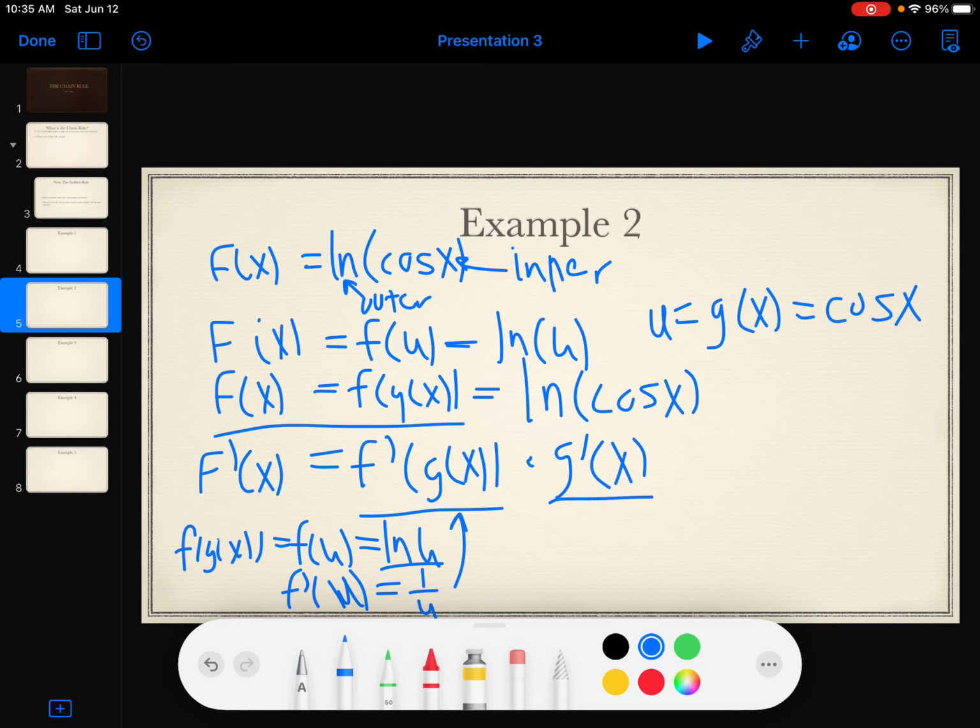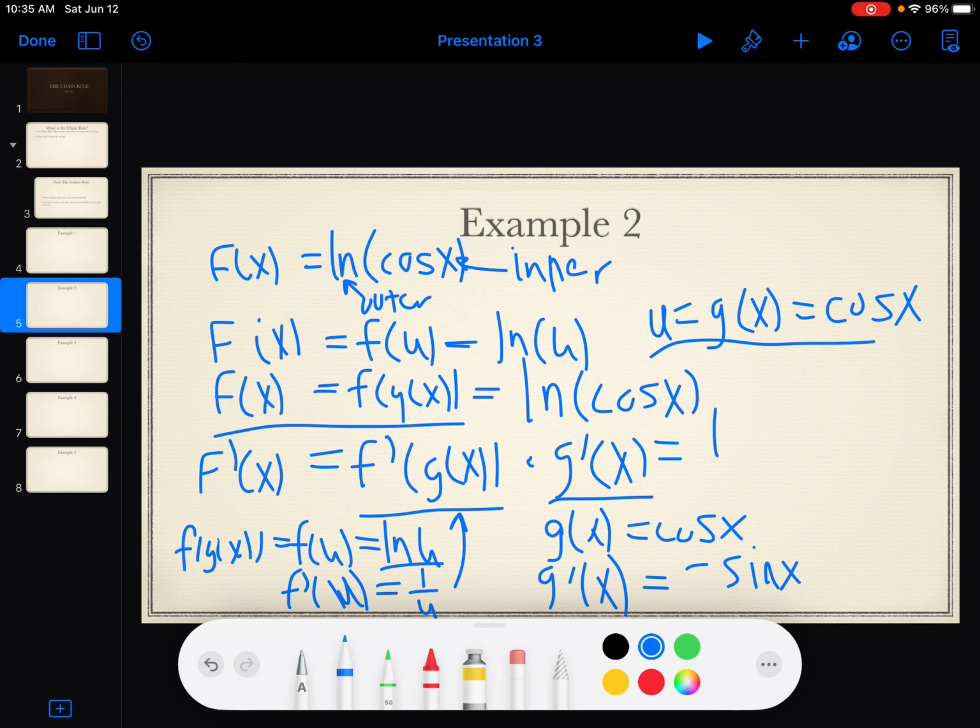And what about our next part? G prime of x. So what's g prime of x equal to? Well, g of x is equal to cosine x. What's g prime of x, though? What's the derivative of cosine x? It's just negative sine x. So what does this come out to?